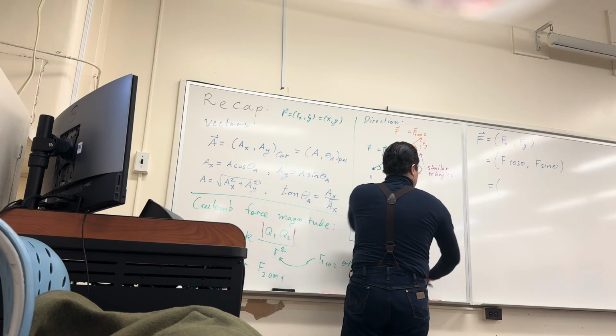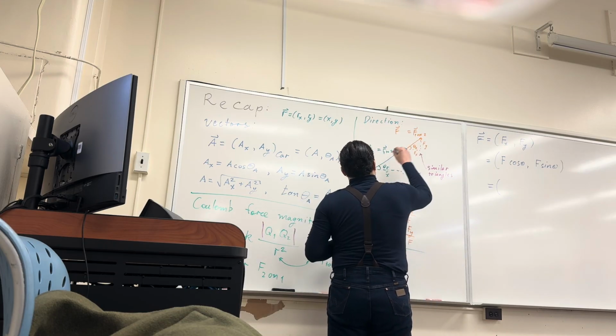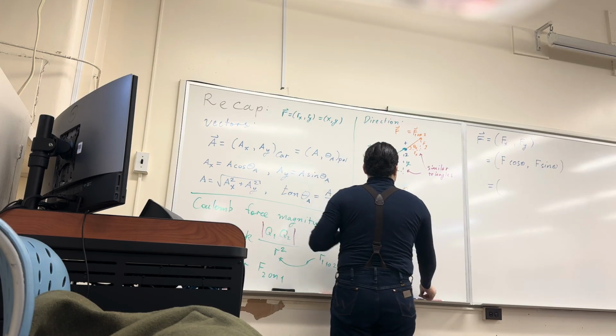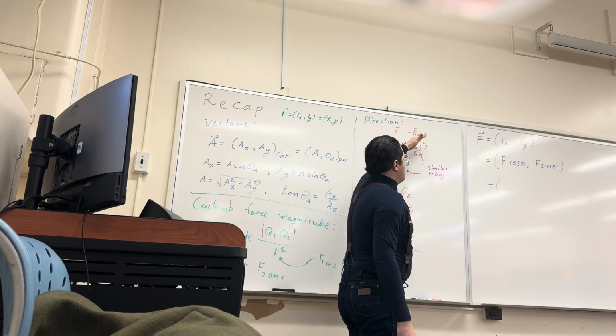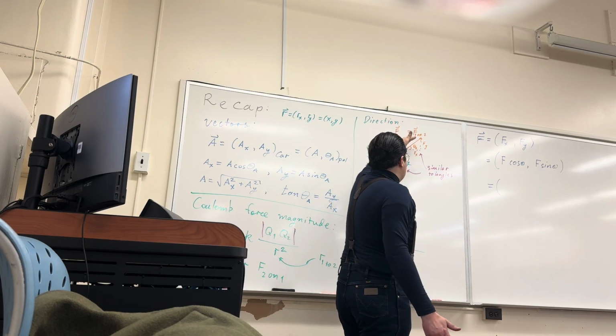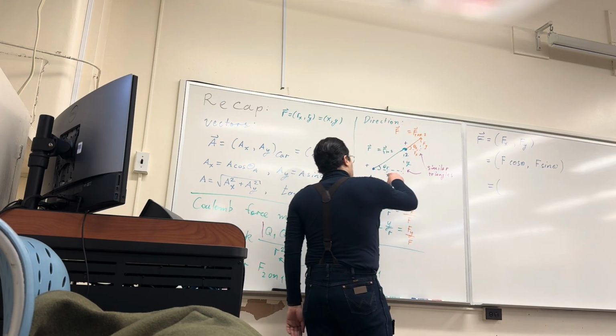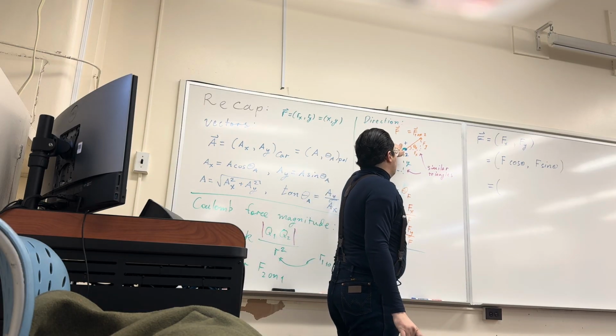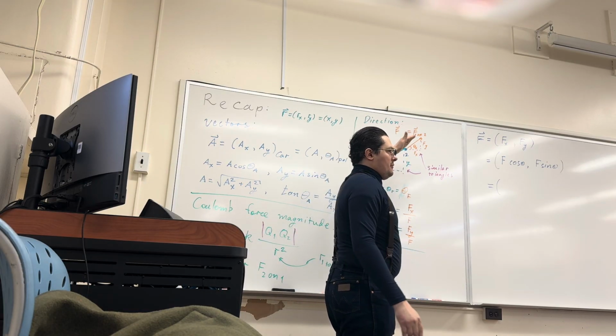I didn't put in signs, but assuming they're both the same sign, for example plus and plus, then this force vector is pointing this way, but it would be the same if they're minus minus. And the angles are the same. Now this is only if they're plus and plus, so they're pointing in that direction.